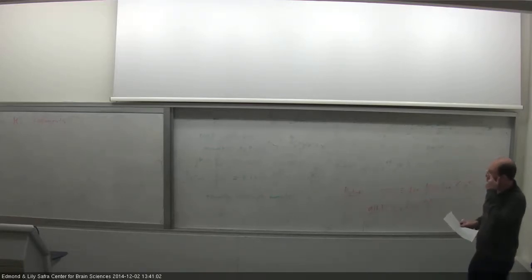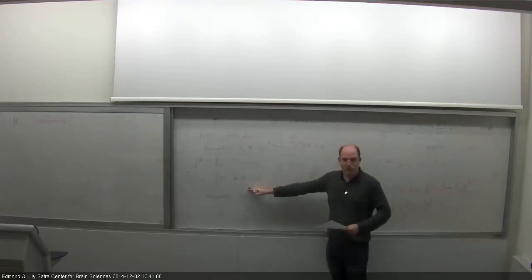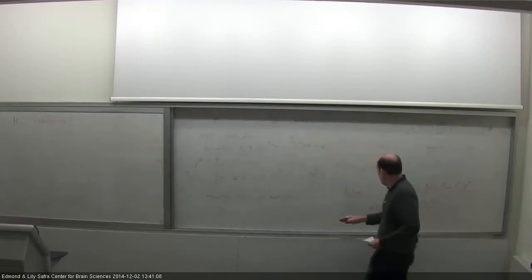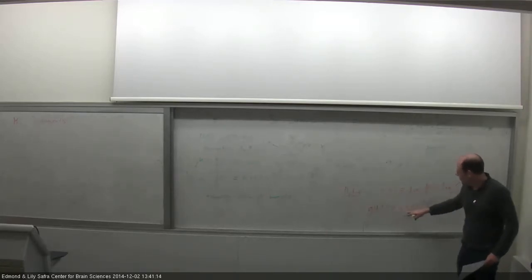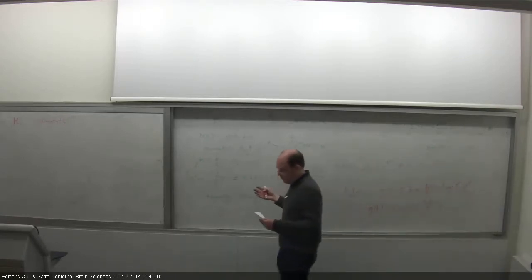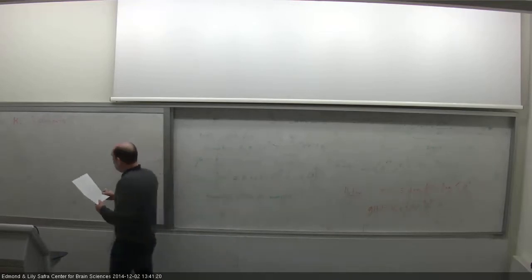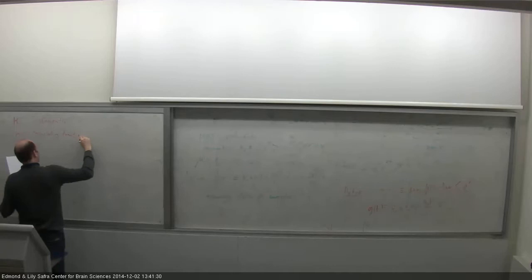So again, the moments were defined here, and I can view them as the coefficients of the Taylor expansion of f of t. I constructed this function that I called g of t. I expanded it in a Taylor expansion. I call these coefficients the cumulants. They depend on the probability distribution of x. And therefore, g of t is called the generating function of the cumulants.